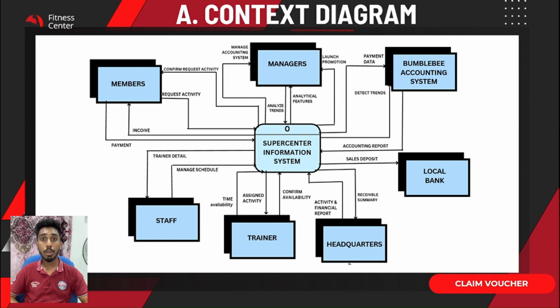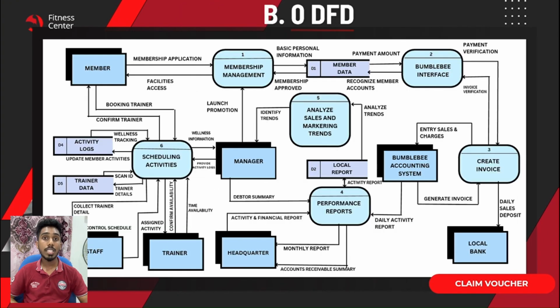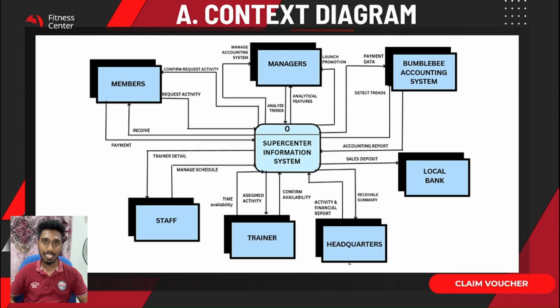Now, moving to part A, which involves creating a context diagram. The context diagram comprises a single process, represented by the system used, in our case, the Supercenter Information System. This process is denoted as process 0. To accomplish this, we will need to refer back to the 0DFD that has been discussed earlier. By examining the inputs and outputs of each entity in the diagram, we proceed to generate the context diagram for the Supercenter Information System.